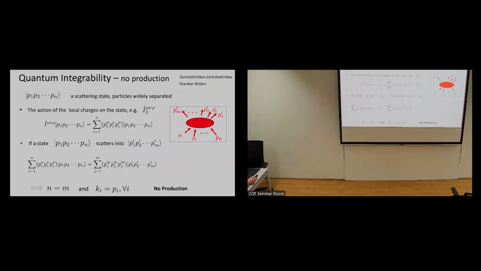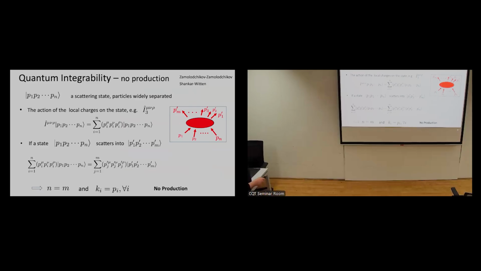All right. So let's see. Suppose then I have a scattering state, particles P1, P2 up to Pn coming in. Now, what happens if I have this conservation law? I act with the conserved charge, let's say of order 3, on this.